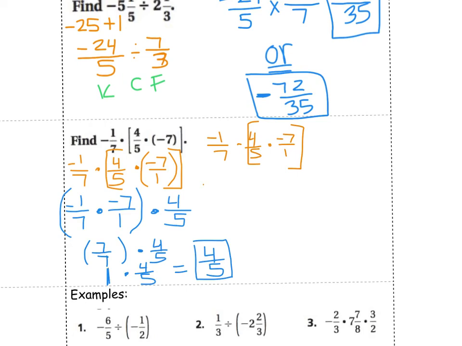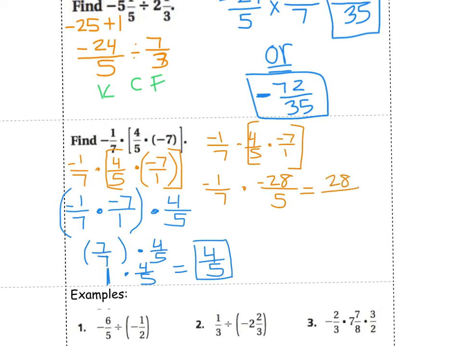So we have -1/7 times -7 times 4 is -28. And then 5 times 1 is 5. And then we're just going to multiply across again, which is -1 times -28 is +28.